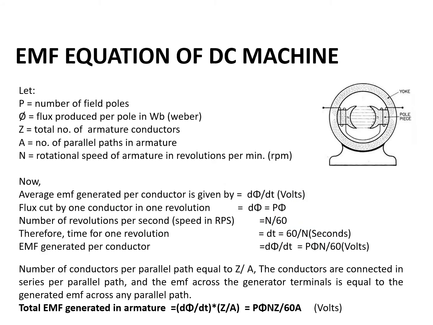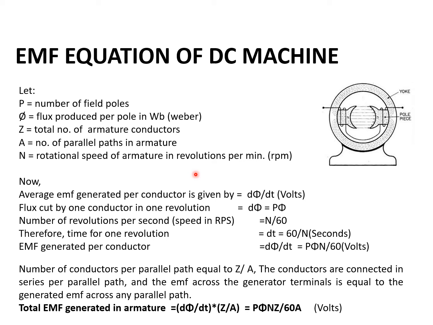Now the EMF equation of a DC machine. To derive the equation, let P be the number of field poles, phi the flux produced per pole in Weber, Z the total number of armature conductors, and A the number of parallel paths.